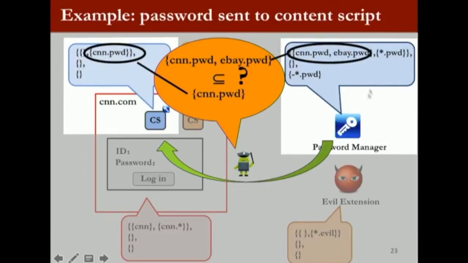The reason is that the password manager has already seen two sites' passwords, so I have no way of knowing whether the password manager is sending me the right CN password or not. It could be that the password manager actually read eBay's password and tries to put it into CN's page. In that case, it's actually insecure. However, because we trust the password manager, we gave it a declassification token.